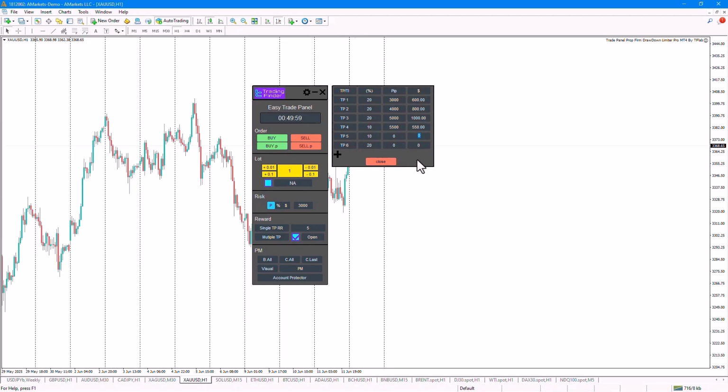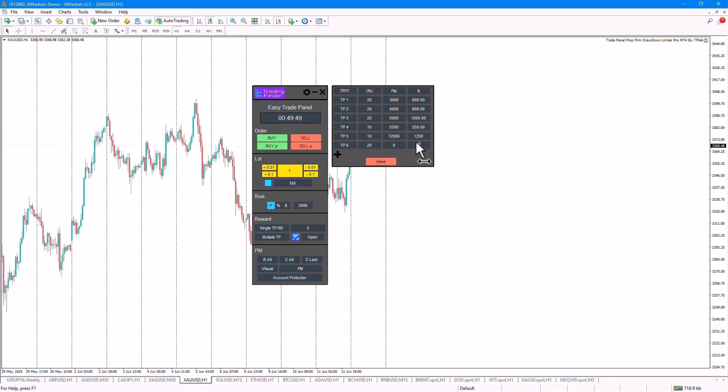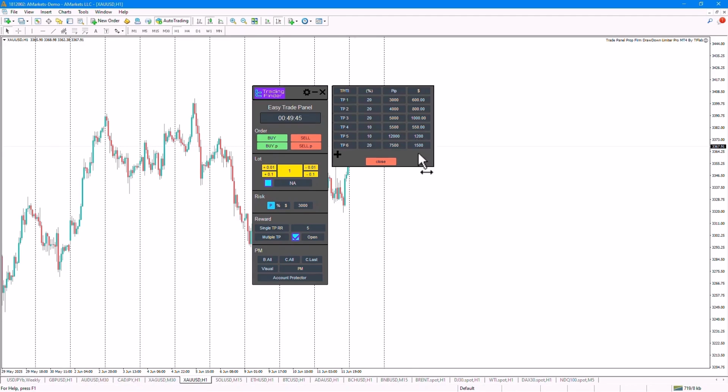Here, I can specify my amount in dollars, or set take profit 5 at $1,200 and take profit 6 at $1,500, and the expert advisor will automatically calculate the distance from the entry point to the take profit 5 and take profit 6 levels and select it for me.